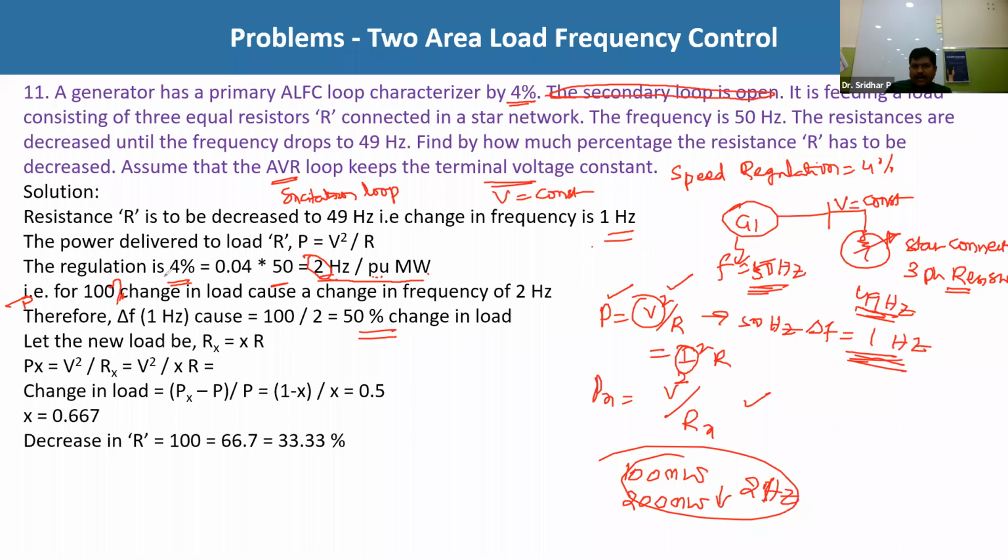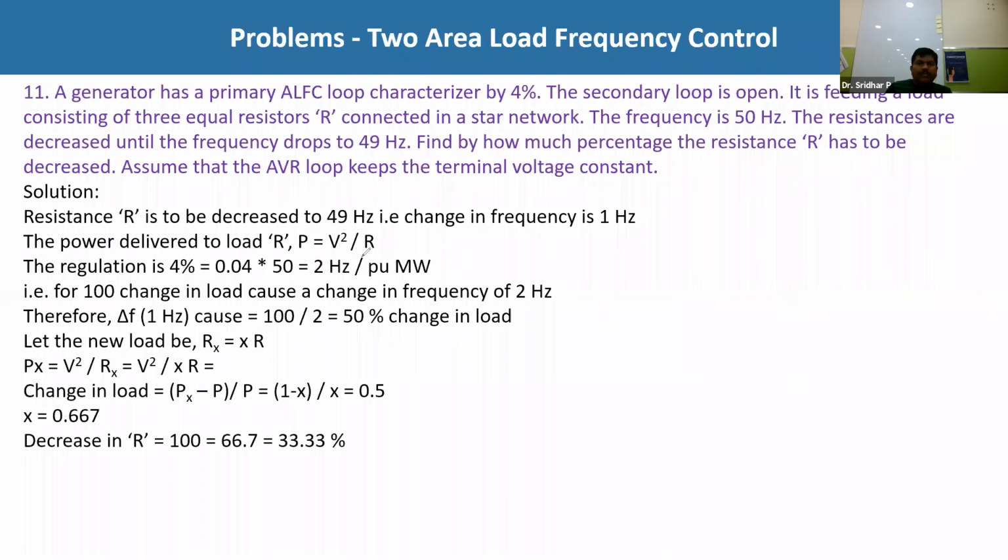He has given that the regulation is 4%. Regulation of 4% means 2 hertz per unit megawatt. That means for a 100% change in load, there will be a change of 2 hertz in frequency.